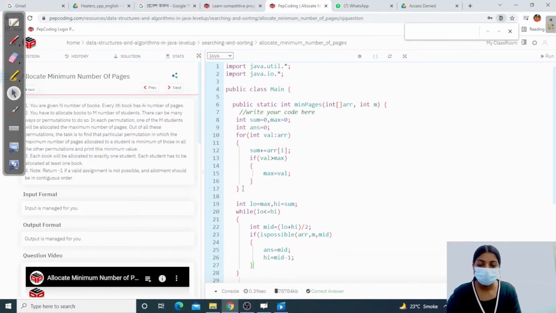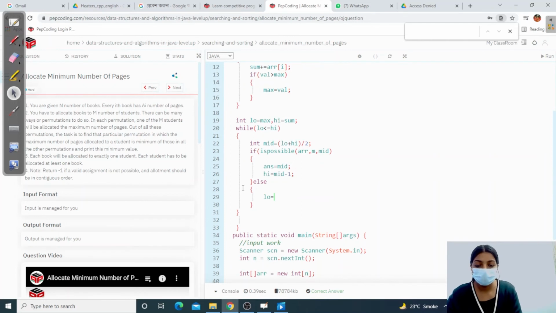And if it's not possible, then increase the load on individual students, so low is going to be mid plus 1. Okay, all right, and return what? Return answer.